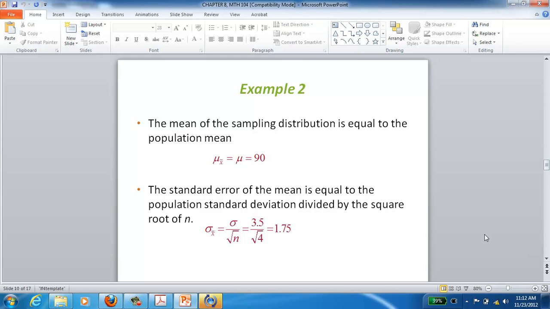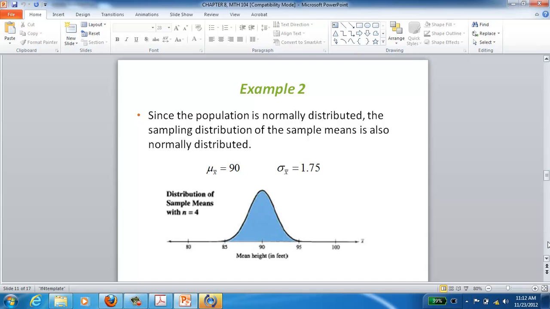So again, mu x bar is equal to mu is equal to 90, and sigma x bar is equal to sigma over square root of n, 3.5 over 2, 1.75. And since the population follows the normal distribution, the sampling distribution of the sample means is also normally distributed, with a mean of 90 and a standard error of 1.75.